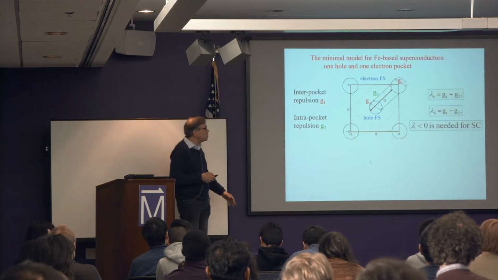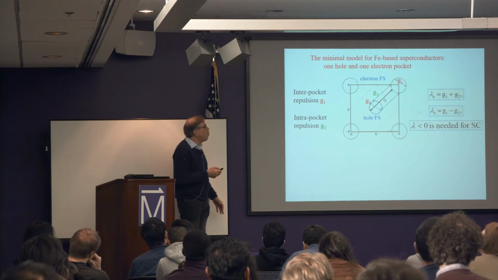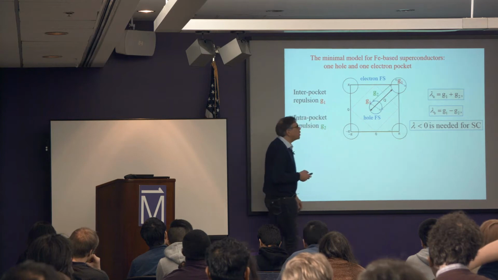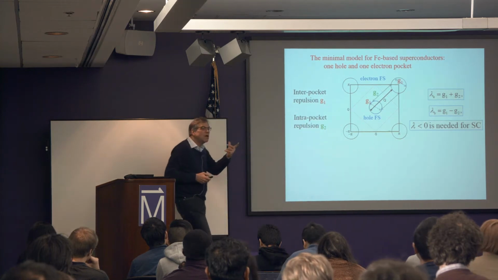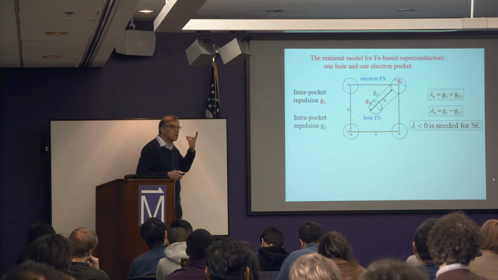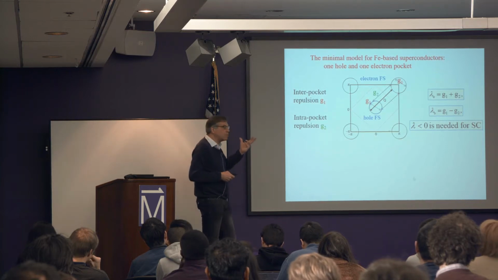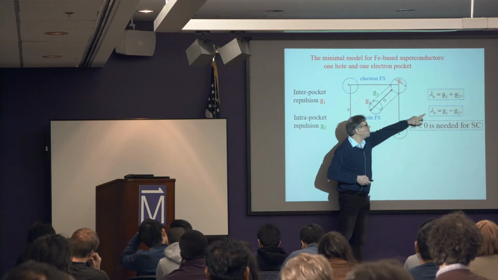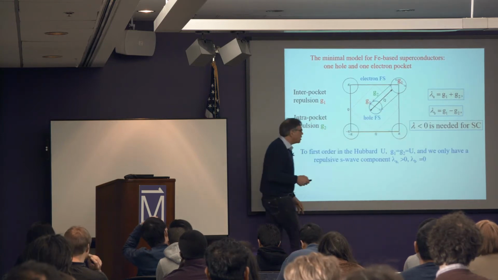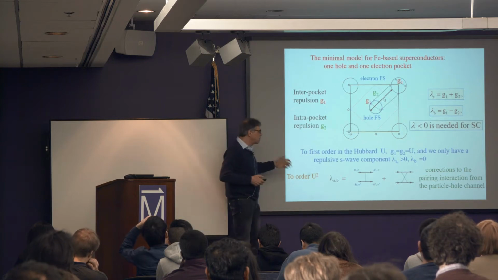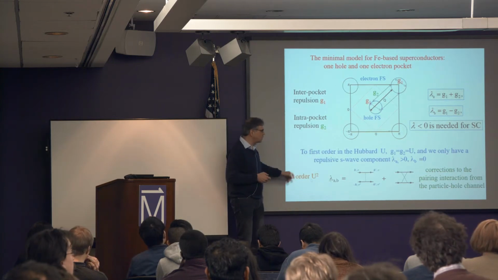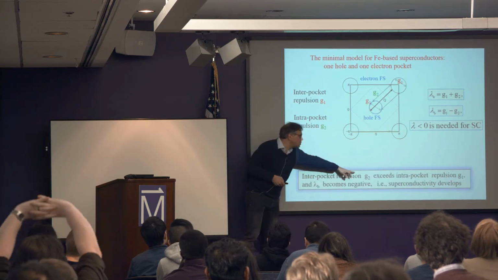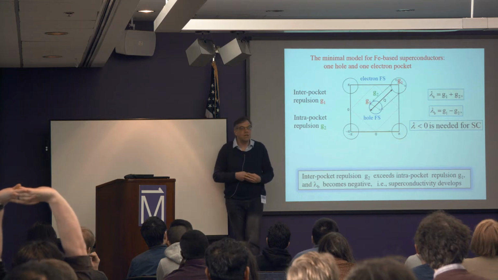And the story went that we have two coupling constants. One was definitely repulsive. This is the sum of these two. Another one was the difference between the two interactions. For the Hubbard case, when the original interaction is just a constant in momentum space and doesn't care whether it's small momentum transfer or large momentum transfer, this was 0. You go to second order and do a calculation a little bit fancier than what I showed here. But anyway, what you get to second order is that the interaction which you call G2 exceeds the interaction which is called G1.